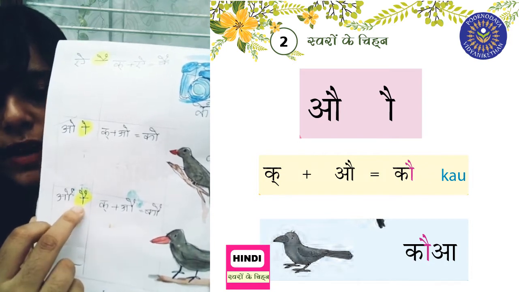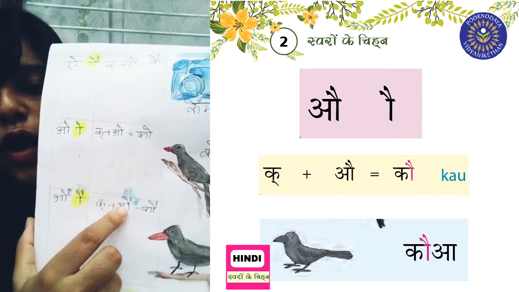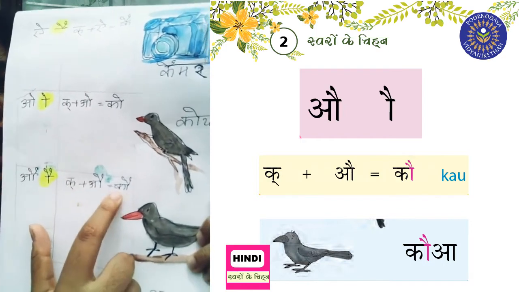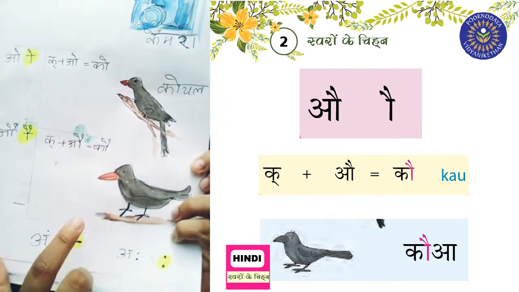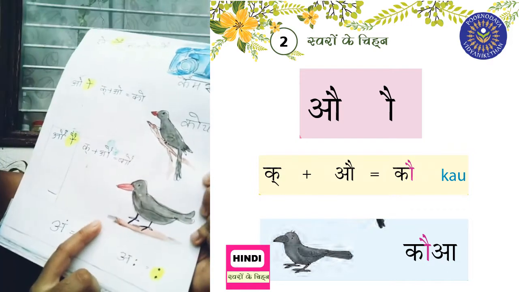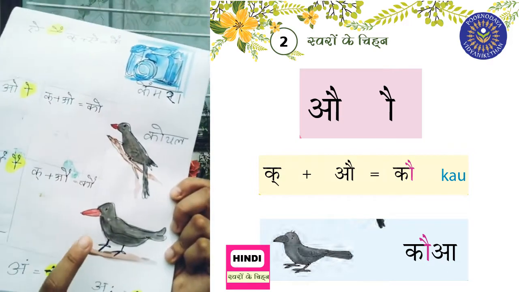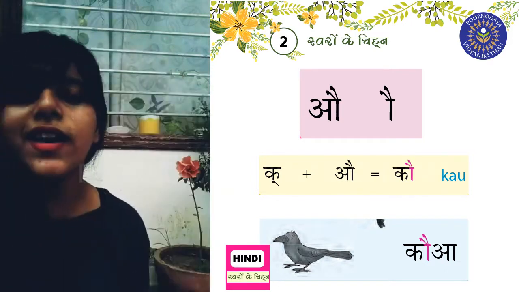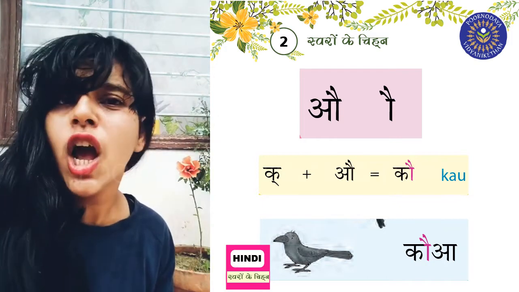Ka plus ow, kau. Kawa. You see this? Kawa is crow in English.